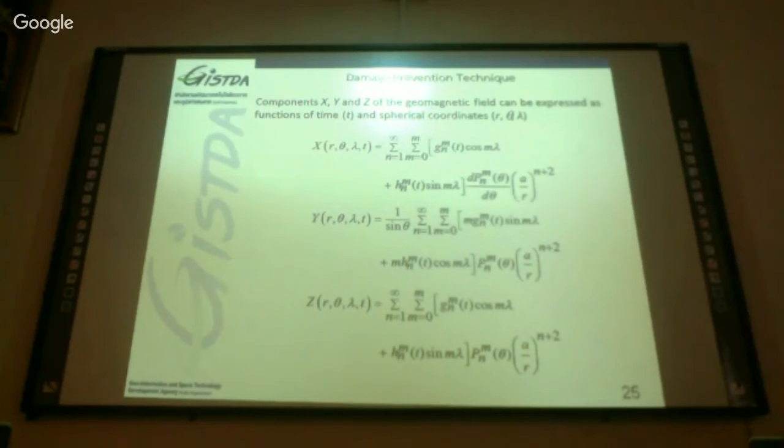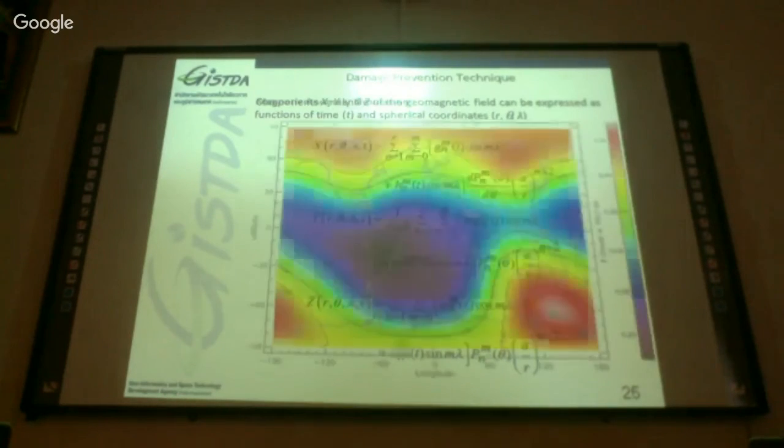But how do we know when the satellite falls into the area? Given the coordinates, the components X, Y, Z of the geomagnetic field can be expressed with these functions, and we can know where the high magnetic intensity is.